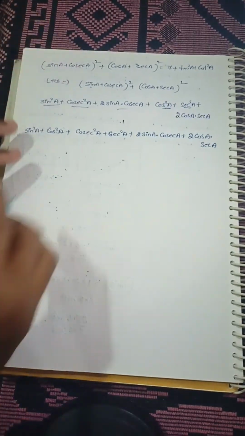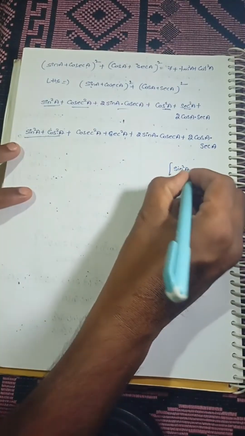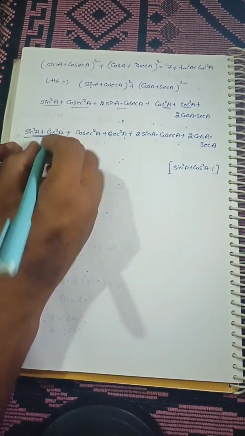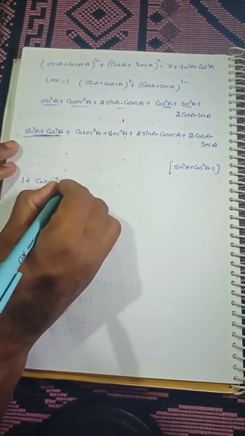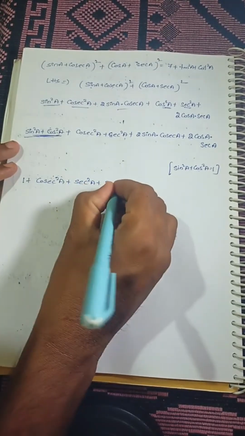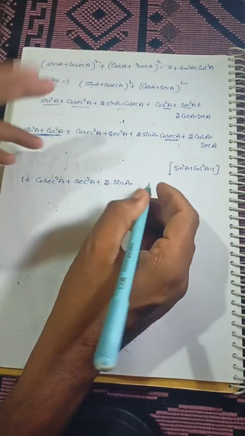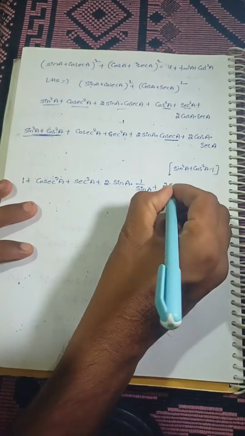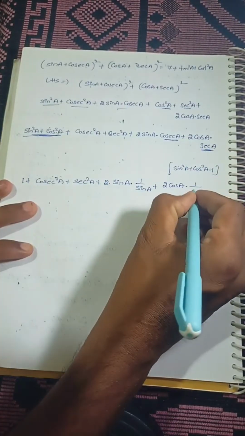Please write down clearly. Now see, sin square a plus cos square a, that means we have to write the identity. Sin square a plus cos square a value is 1. In place of these two I am writing 1 plus cosecant square a plus secant square a plus 2 into sin a into, in place of cosecant write down the reciprocal, 1 by sin a, plus 2 into cos a, in place of secant a write down 1 by cos.